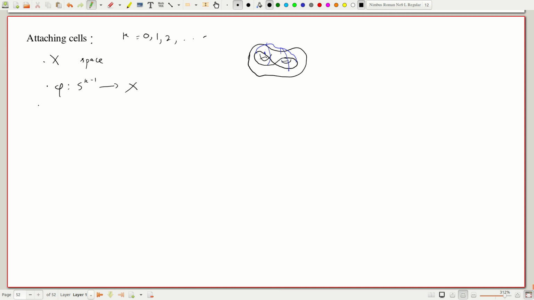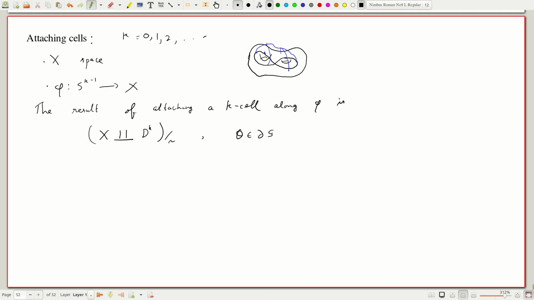Then the result of attaching a k-cell along phi is X. Well, I'll take the disjoint union with D^k divided by an equivalence relation, where the equivalence relation is: if I take theta in the boundary of D^k, which happens to be S^(k-1), it is equivalent to phi of theta.